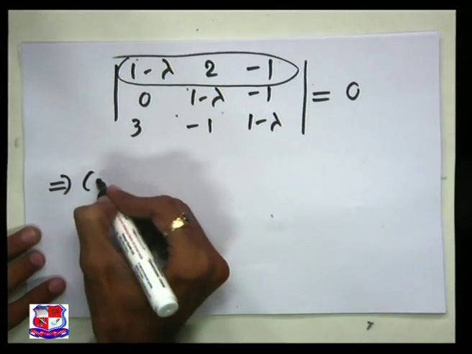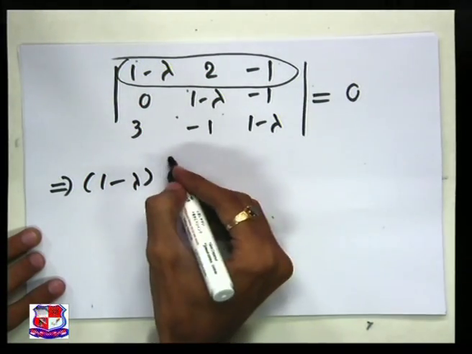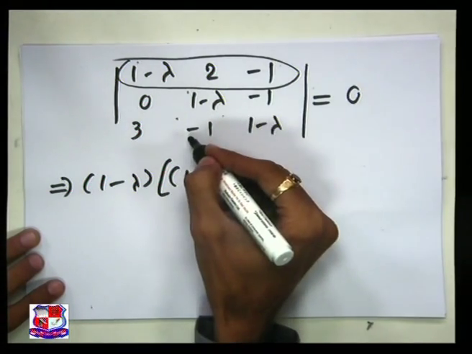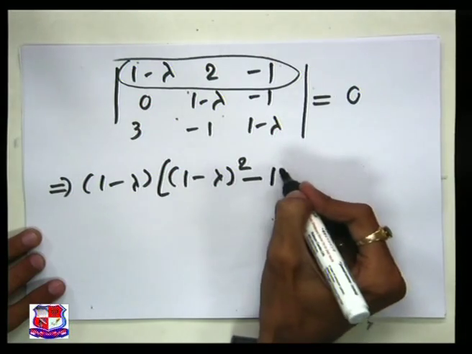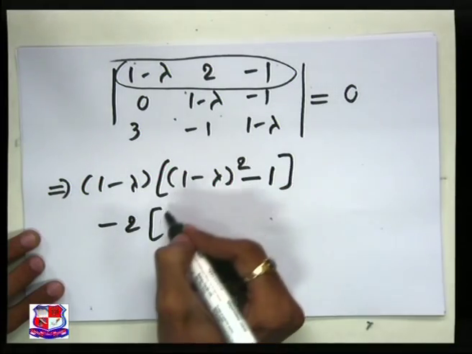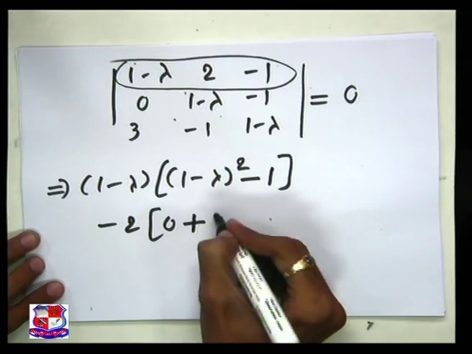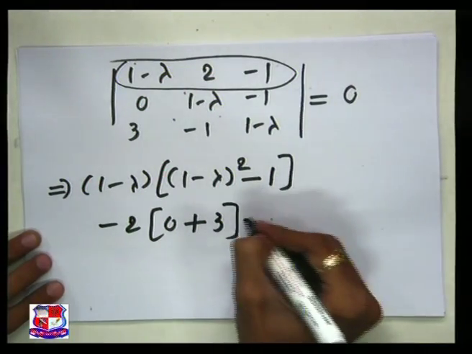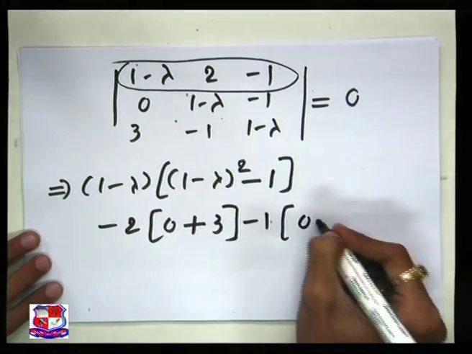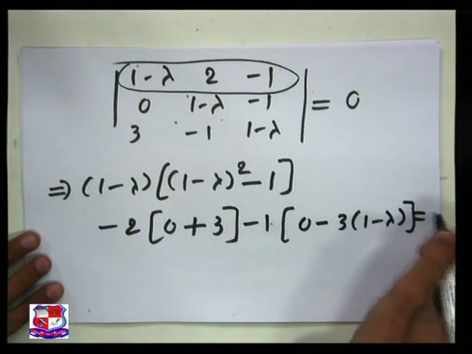So here 1 minus lambda into (1 minus lambda into 1 minus lambda, that is 1 minus lambda whole square, minus 1 into minus 1, that is plus 1), minus 2 into (0 minus 3 into minus 1, that is minus minus plus 3), and minus 1 into (0 minus 3 into 1 minus lambda) is equal to 0.